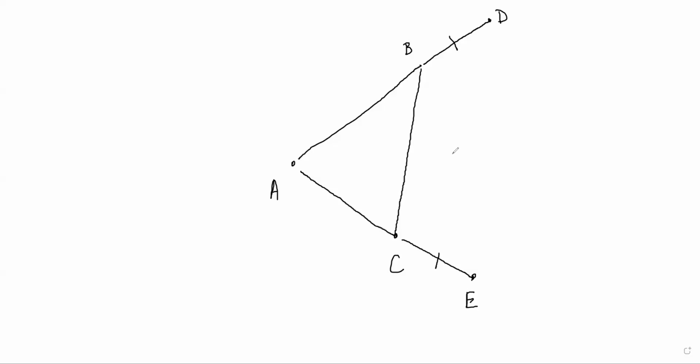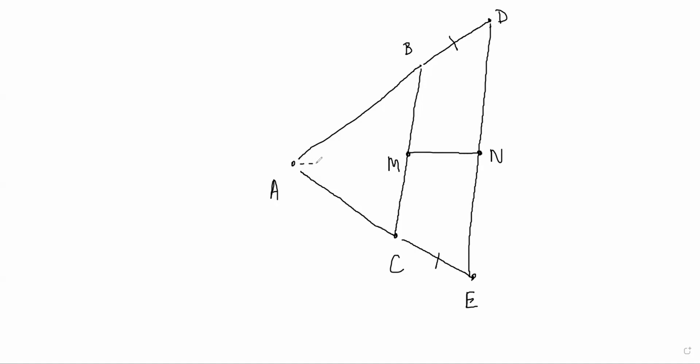And midpoint of DE and all. So we have to join DE first. Let's join DE like this. Midpoint of BC is M and midpoint of DE is N, right? So we connect this. This is my MN line.